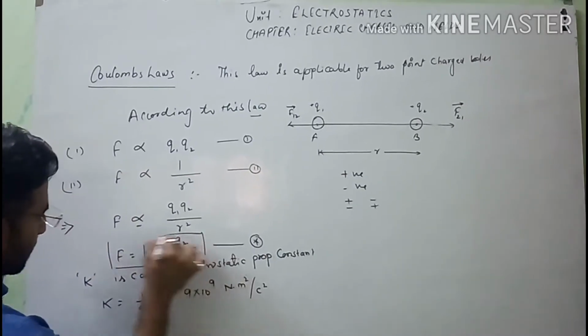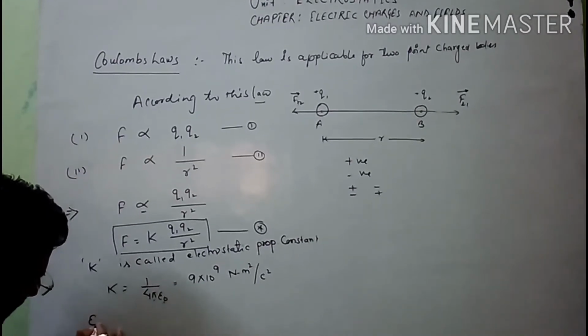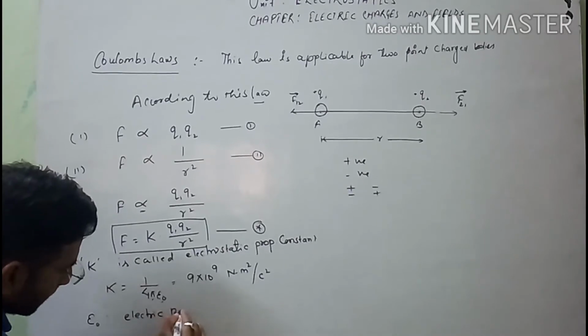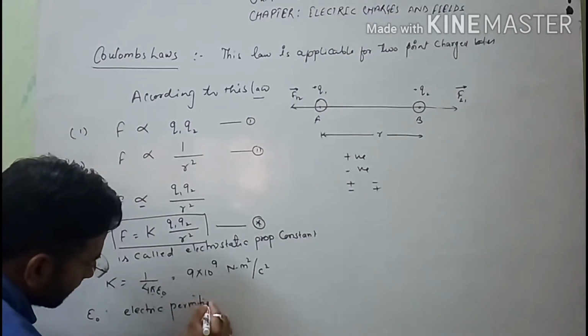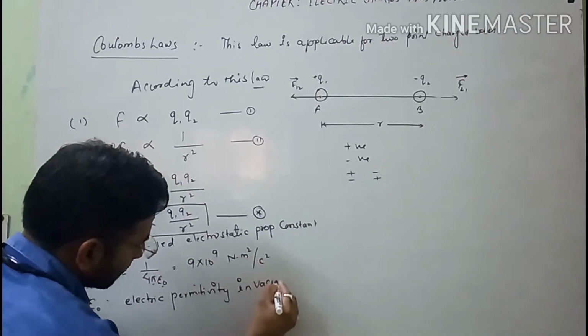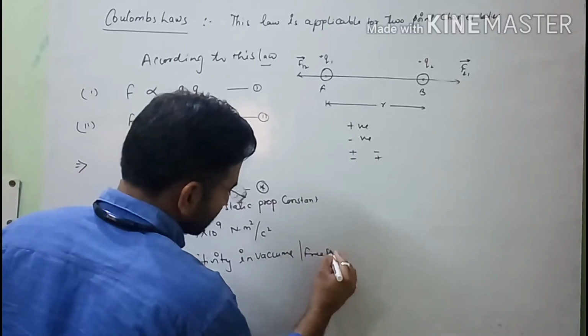Clear, student? After this, see here epsilon naught is called electric permittivity in vacuum, or you can say in free space.